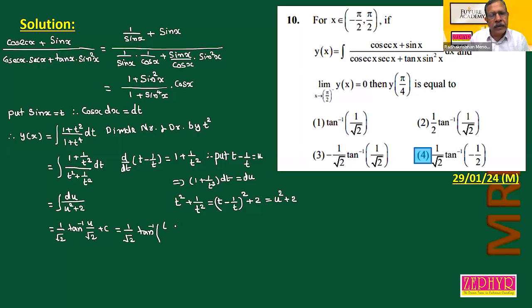So it is 1 by root 2 tan inverse of t minus 1 by t divided by root 2, plus c. Now substitute for t. t is sin x. So you get sin squared x minus 1 divided by root 2 sin x.